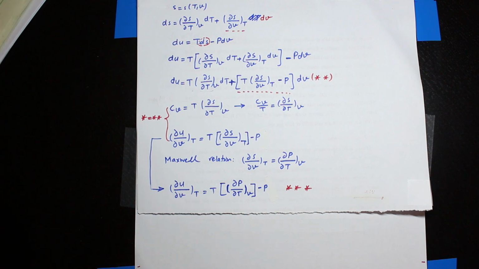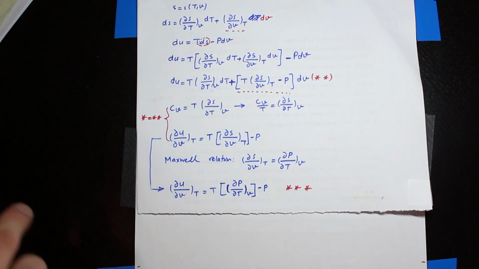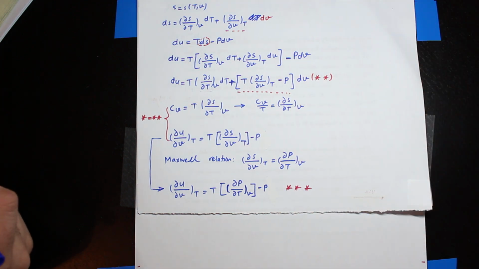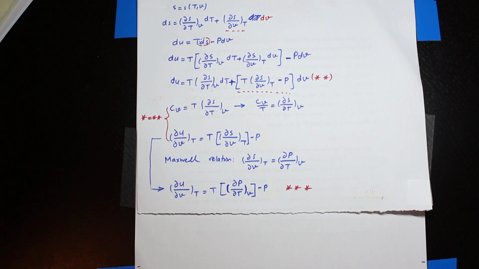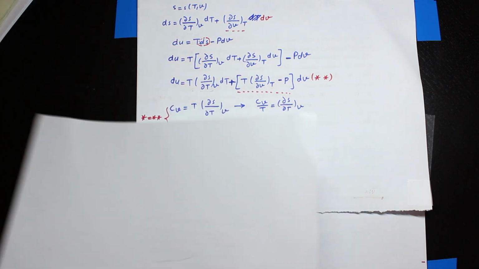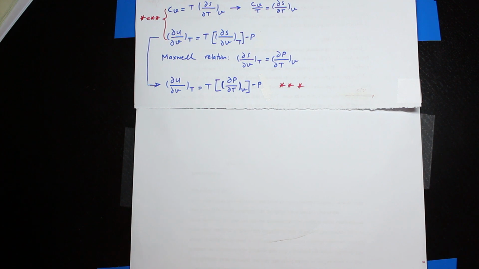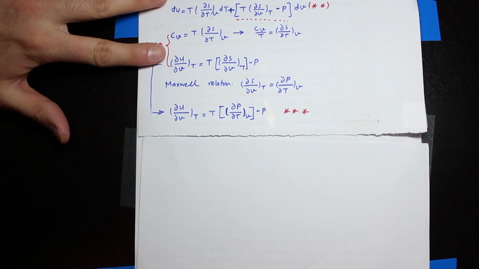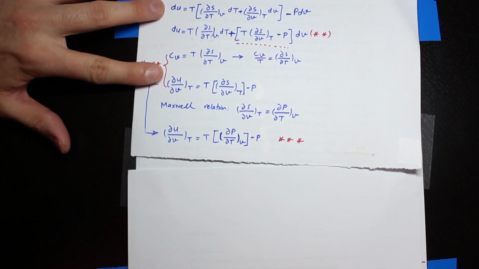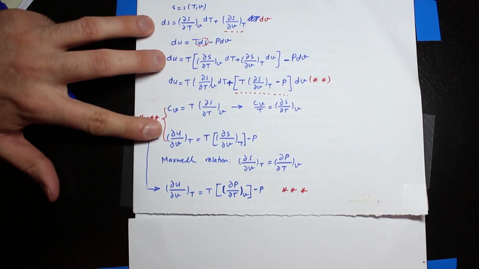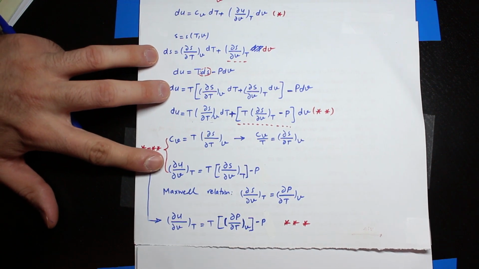For the next page, I am going to continue by equating 1 star to 3 star. Trying to have 1 star in the field of view is pretty tough.